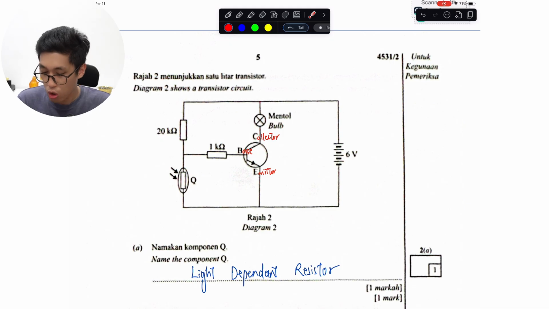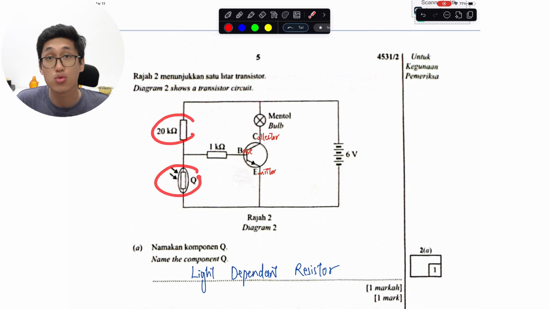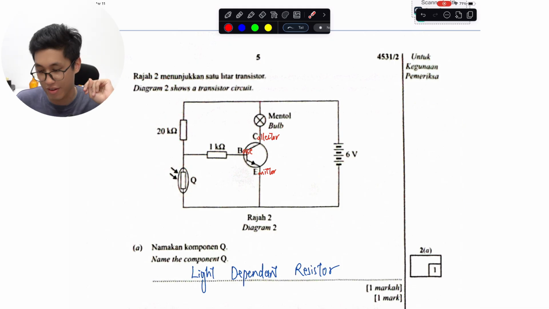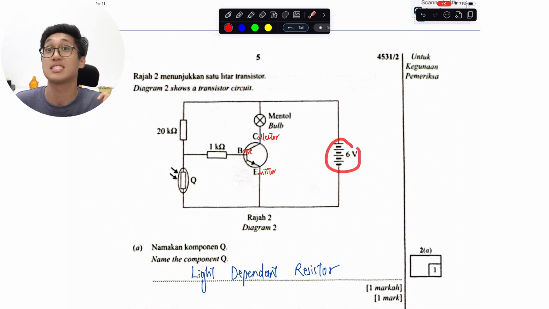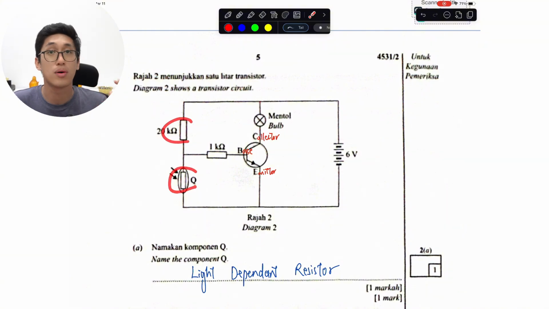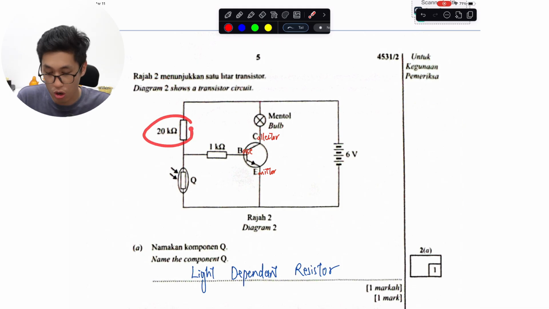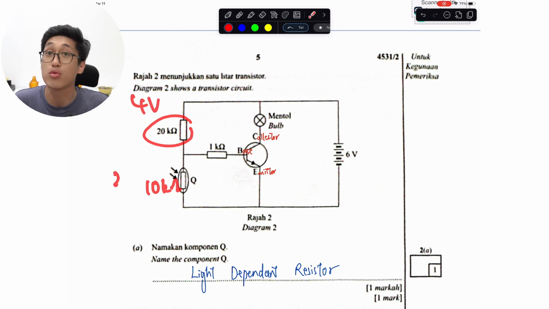So this is how the automatic circuit works. Between these two resistors, they will fight for the voltage of this 6 volts. Whoever has higher resistance will get more voltage. So for example, if this is 20 kilo ohm and this is 10 kilo ohm, then this one will get 4 volts, this one will get 2 volts.